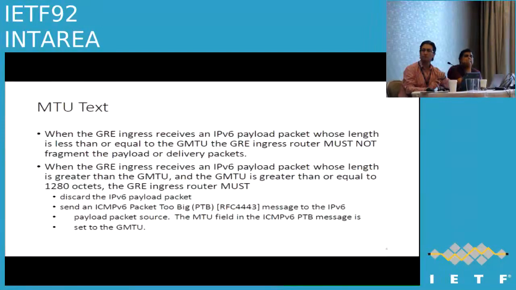So I think you have to define that GMTU has to be equal or larger than 1280, which might imply outer fragmentation here. And to the chairs, I think we would appreciate if you last call this, or at least notify the 6man list as well when this goes through. Thanks.